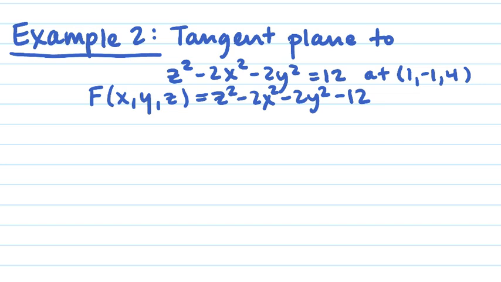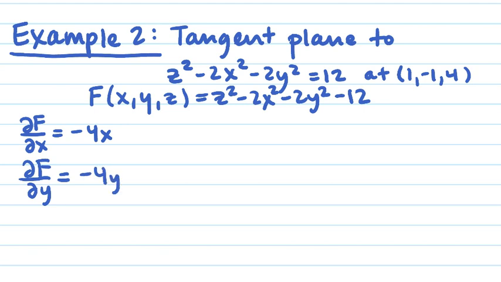So the partial of f with respect to x is looking like negative 4x. Partial f with respect to y is negative 4y. And partial of f with respect to z is going to be 2z.